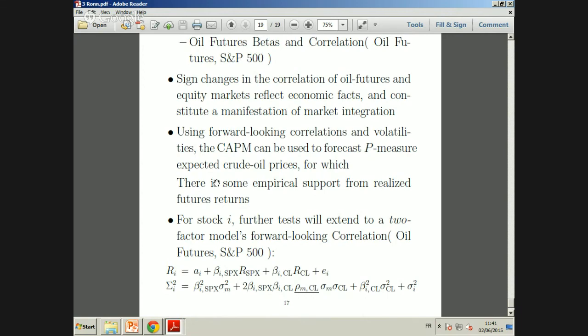And what appears in the second equation is the correlation between the stock market and crude oil. So there may be another way for us to look at this, which is a 2-factor model, and we can tease out or extract this correlation between oil futures and the S&P, and of course contrast it with what we get from our 1-factor model.